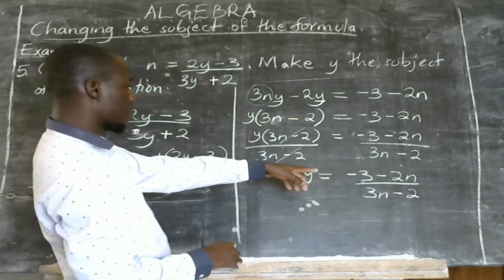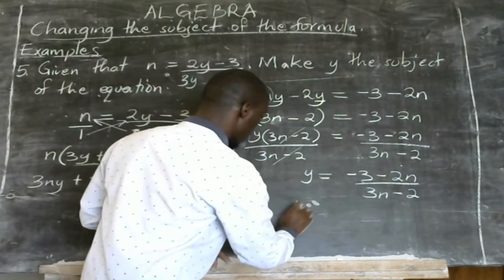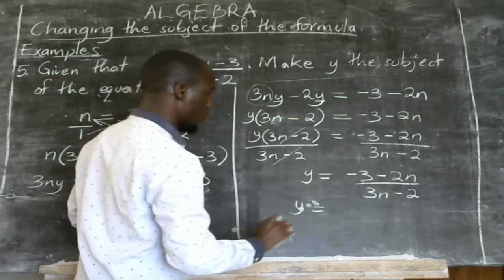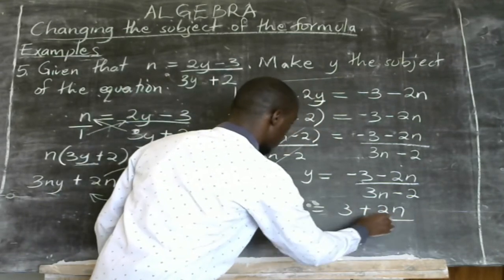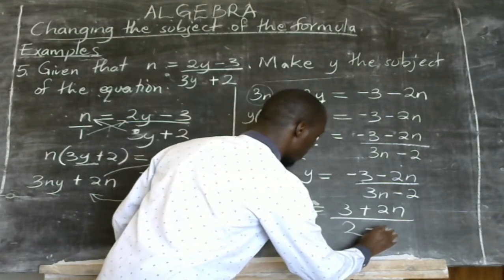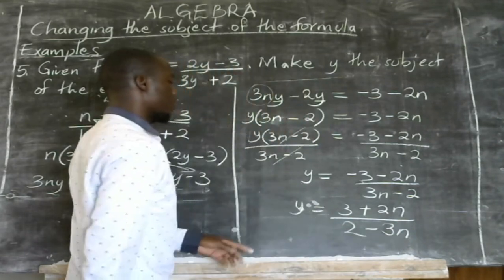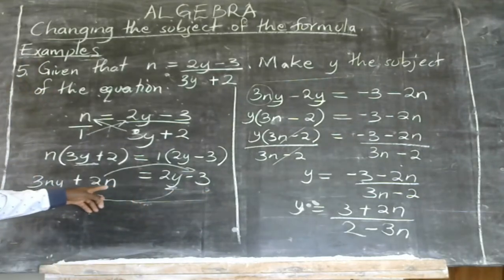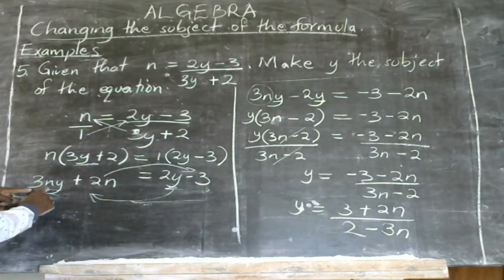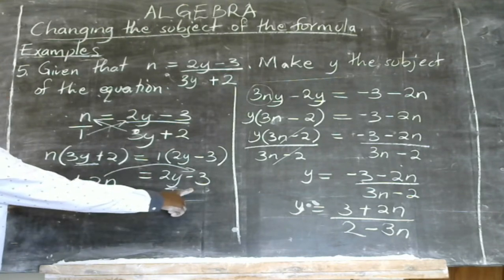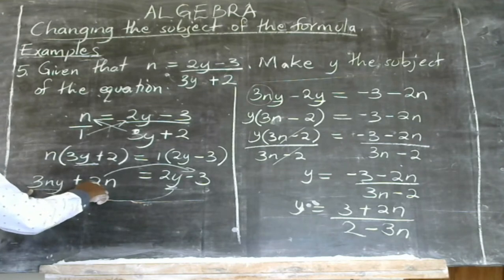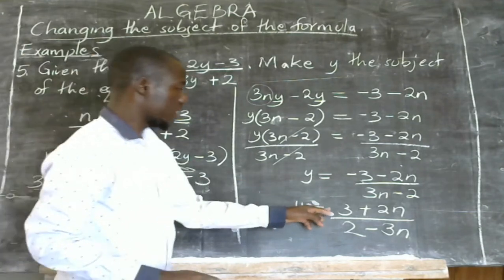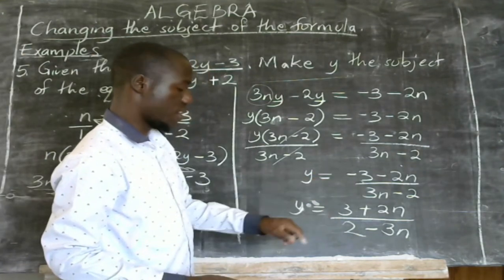Some other person can get this y to be equal to positive 3 plus 2n, then divide by 1 minus 3n. For that person who took the 3ny the other side, then brought the minus 3 this side, these two answers are the same.